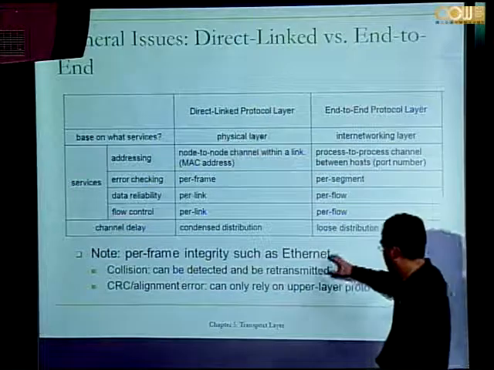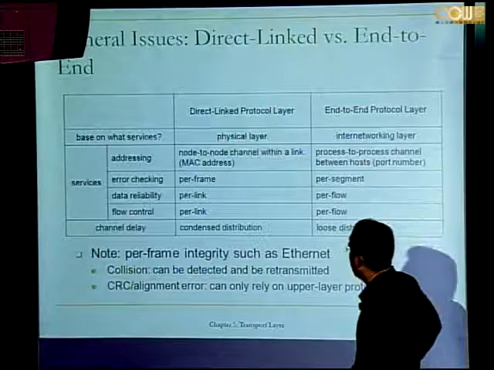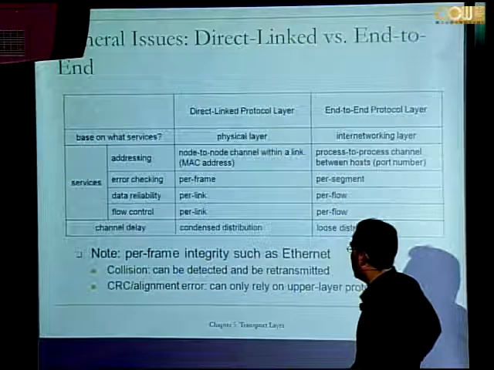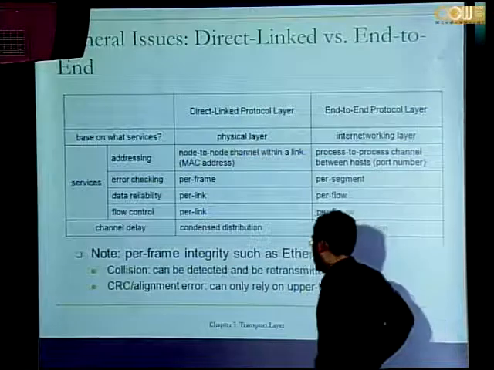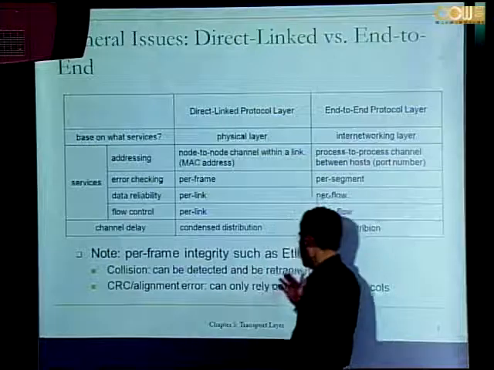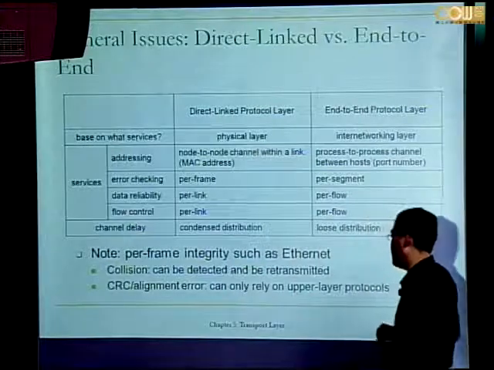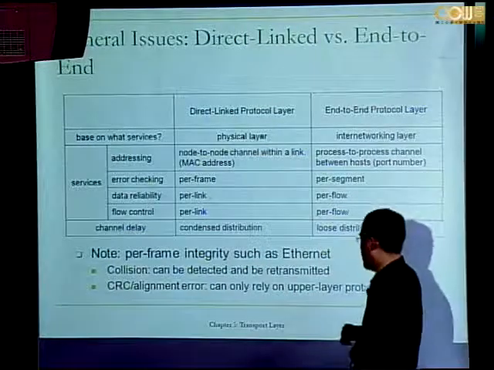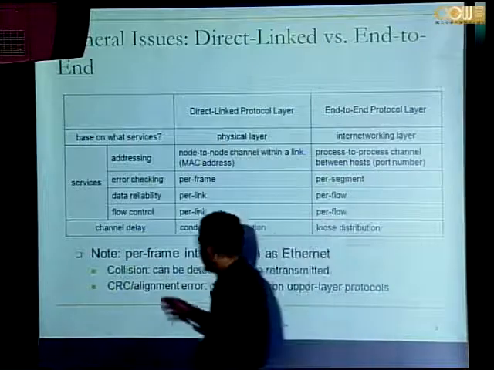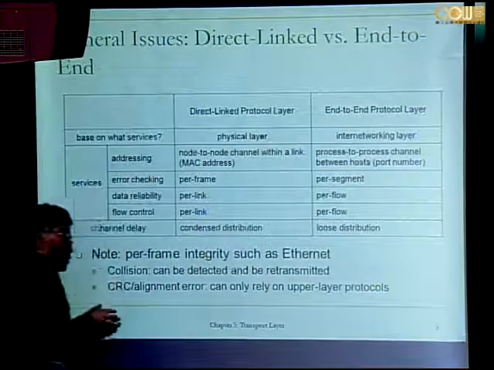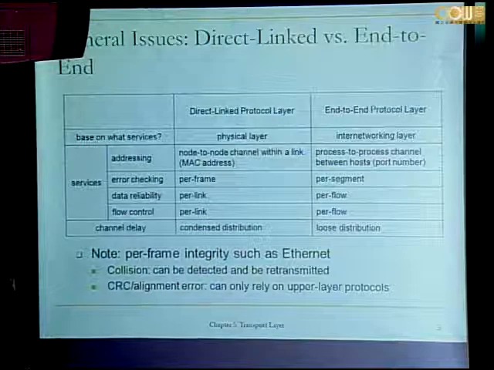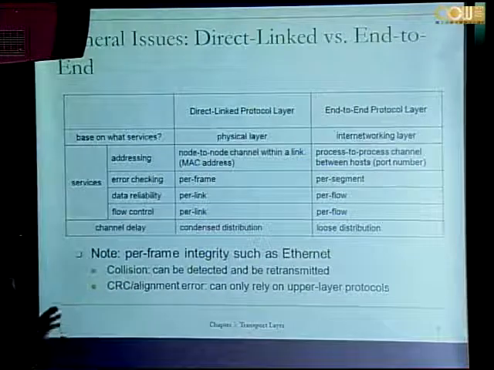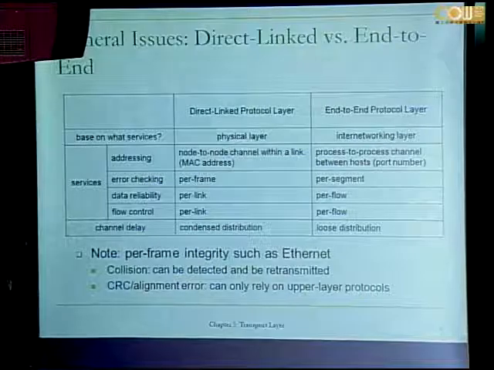Here's an example. For example, Ethernet: if you have a collision, the collision will be detected and then the frame will be retransmitted. But if you have a CRC error or alignment error, but no collision, Ethernet does not correct the error.